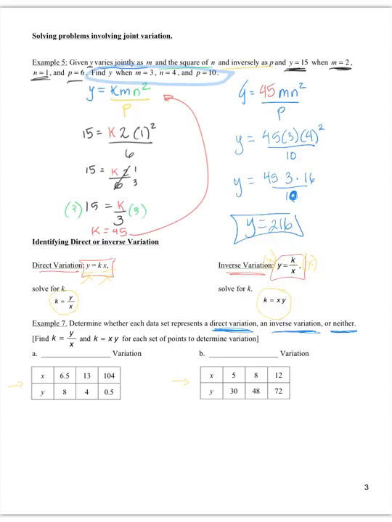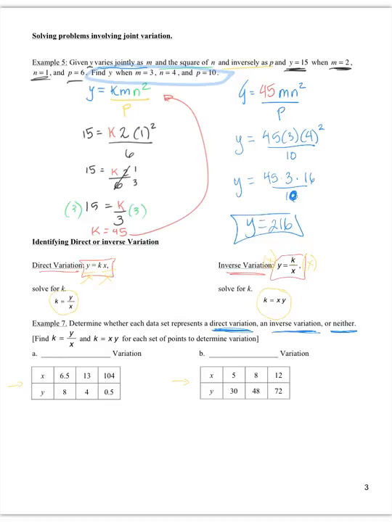Or you can just look at the pattern for x and y. At the very beginning we talked about if they both increase or both decrease, it's direct variation, and as x increases, y decreases, or as x decreases, y increases, we have inverse variation.